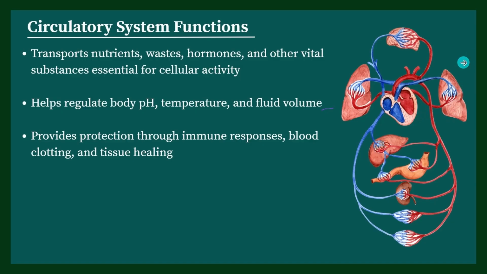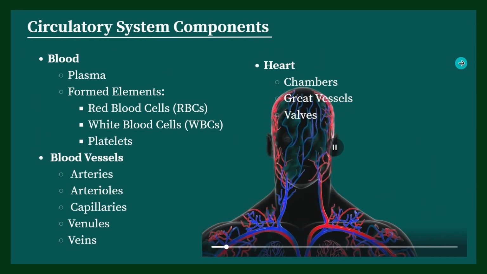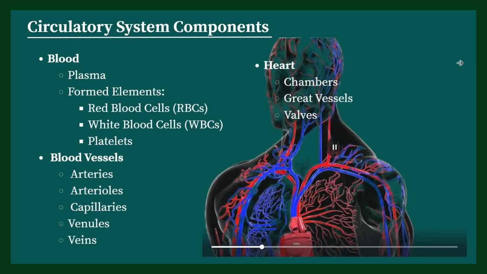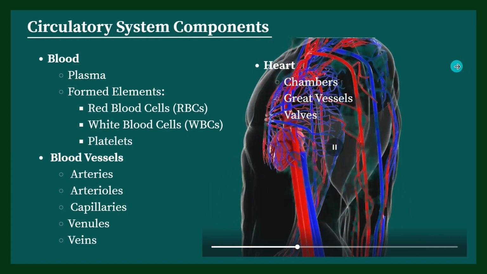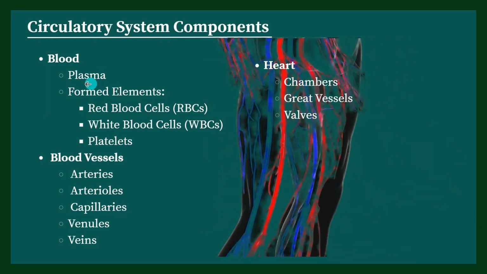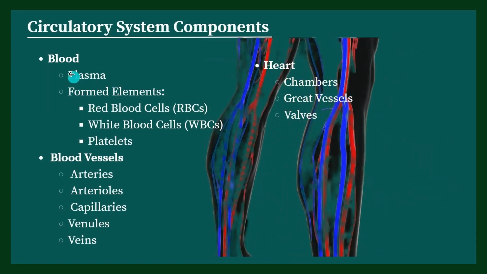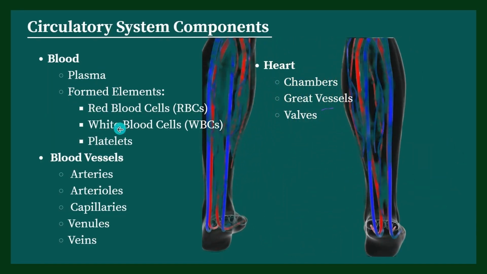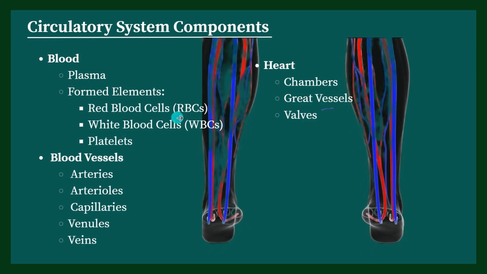So very important functions. The different components of the circulatory system would be your blood vessels and your heart. Each of those things is broken down into all their parts. Like the blood has the plasma, and it has the things inside of the plasma, which are the red blood cells, white blood cells, and the platelets.